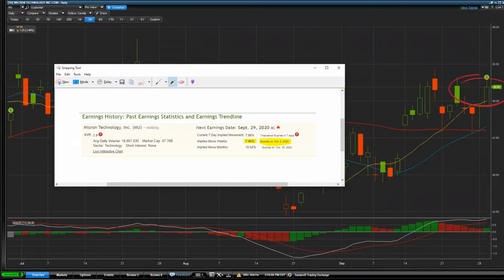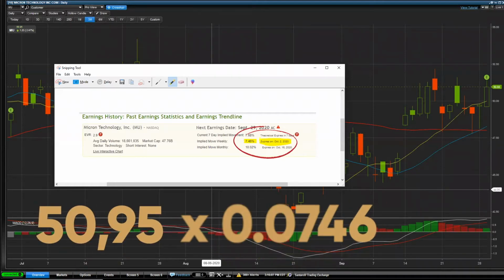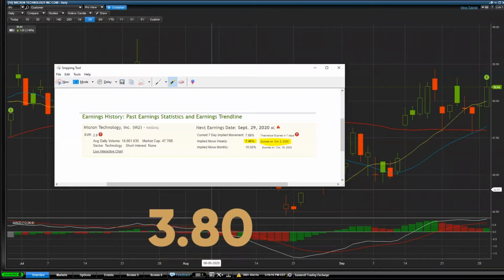You can see over here to the right, the stock is at 50.95. So if the stock's at 50.95 a share right now, and it has a 7.46 implied move, 50.95, multiply that by 0.0746. That means this stock has a move up or down, plus or minus 3.80.